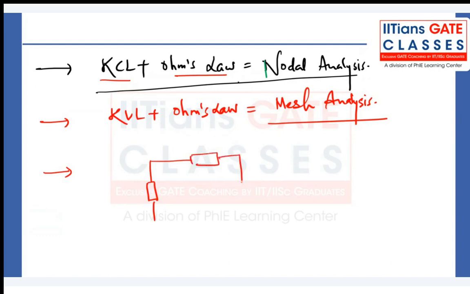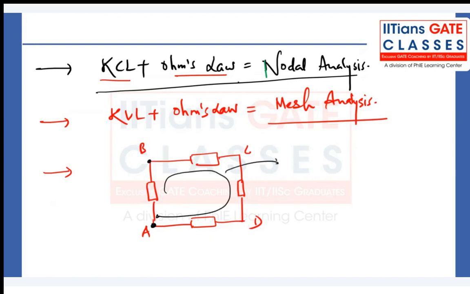I'm drawing them as black boxes: this is A, this is B, this is C, and this is D. If you start from this point and go around these connected elements, you reach the starting point again. So this is basically a mesh, or sometimes we call it a loop as well.